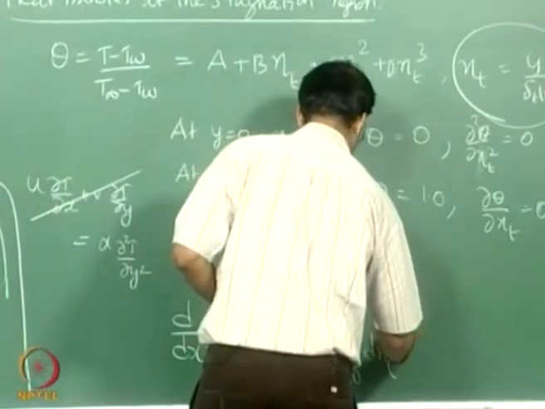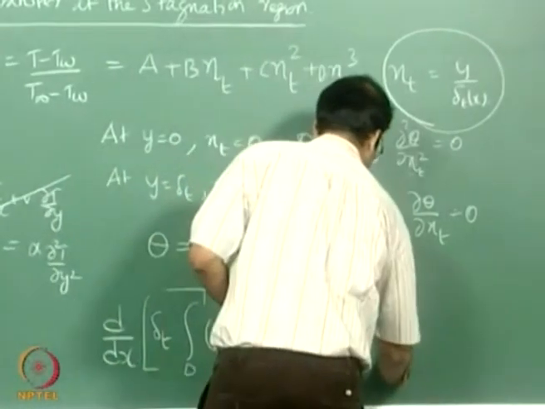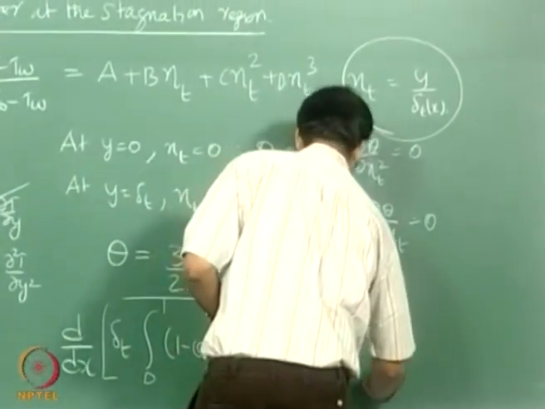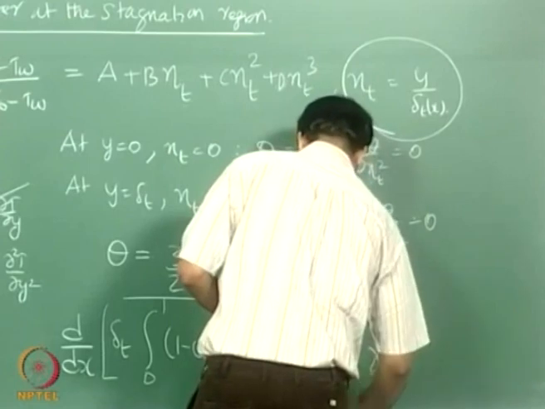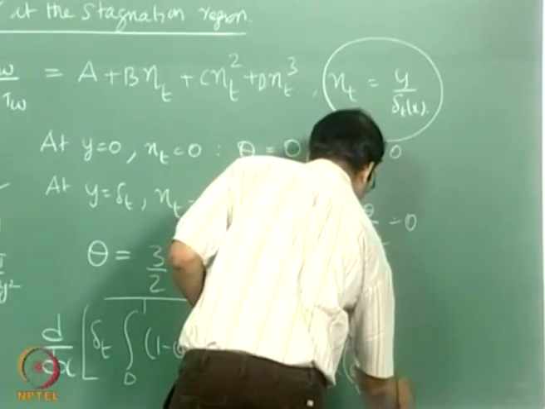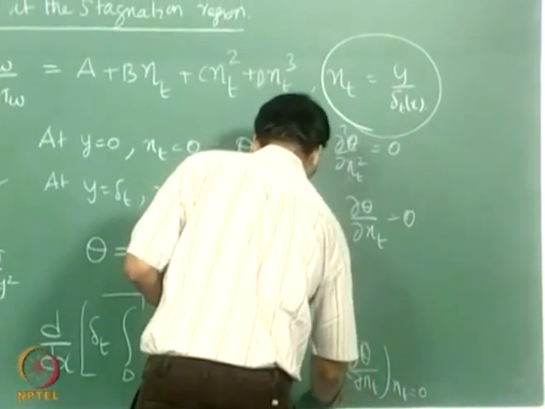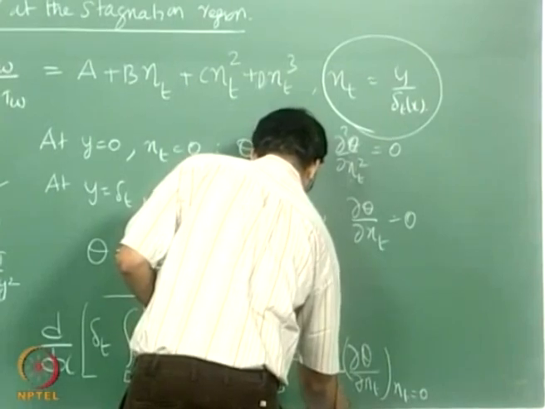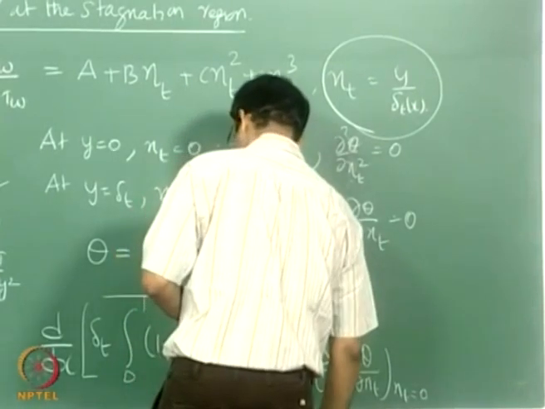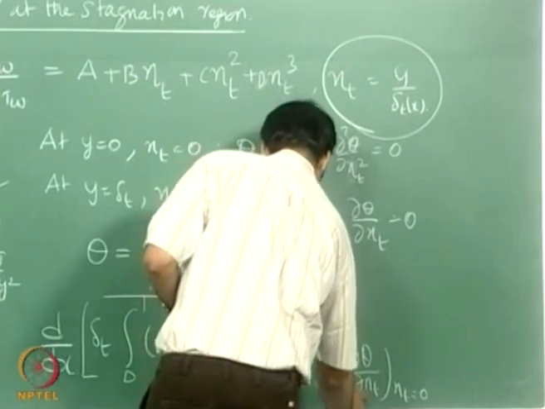outside, and on the right hand side you have your alpha d theta by d eta t at eta t equal to 0, and from the transformation of variables you also get u infinity into delta t.